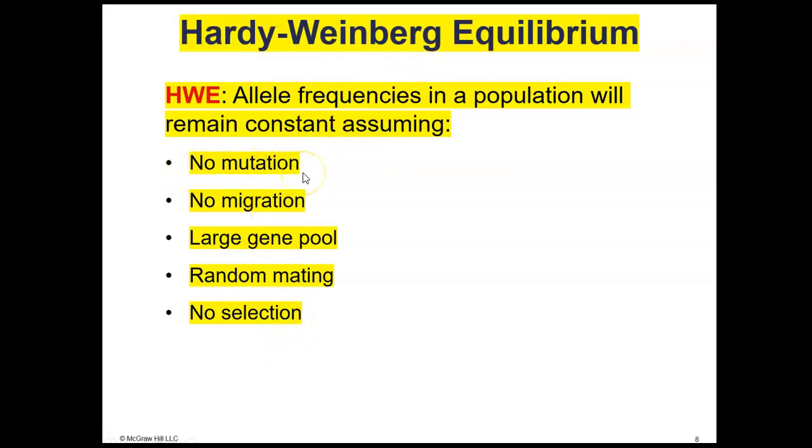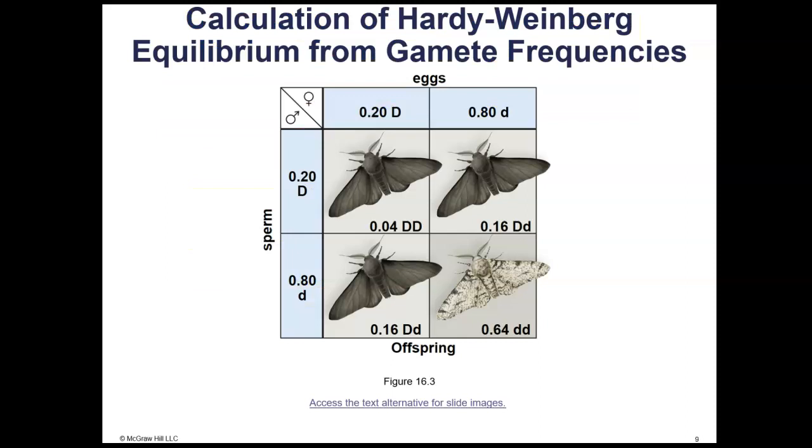There must be no mutation, no migration, a large gene pool, random mating. In other words, individuals are just mating with each other randomly. They're not choosing mates. And no natural selection is occurring. If those things all happen, then the allele frequencies won't change.